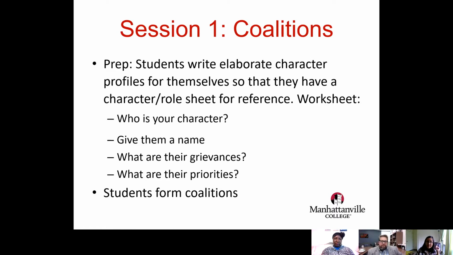But what happens is I usually get three groups, right? I get the majority, which is the Christian majority, but they're also farmers, so their interests tend to be mostly economic, right? I have the minority Muslims that almost always have their own coalition, who are really concerned about representation.